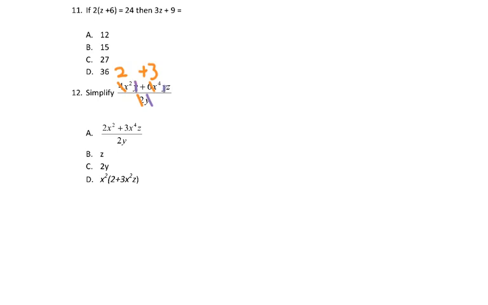This is gone. So what's left? Here is x squared. This part is x to the fourth power. Then you have z left. Then let me rewrite. You will get 2x squared plus 3x to the fourth power and a z.